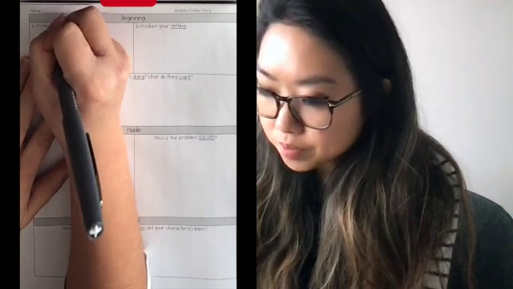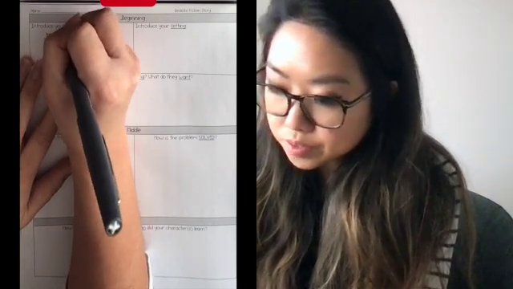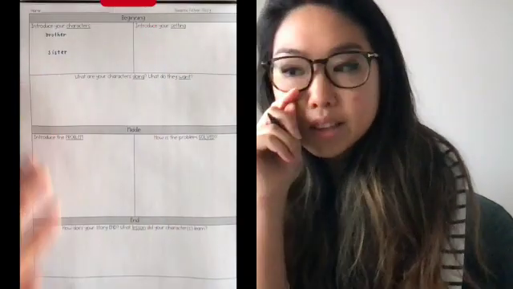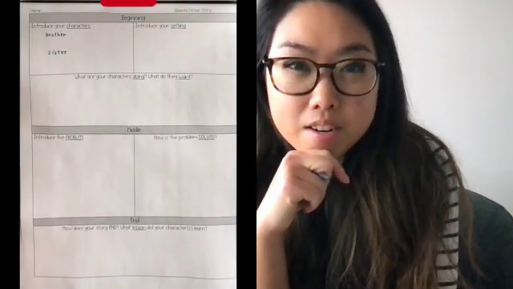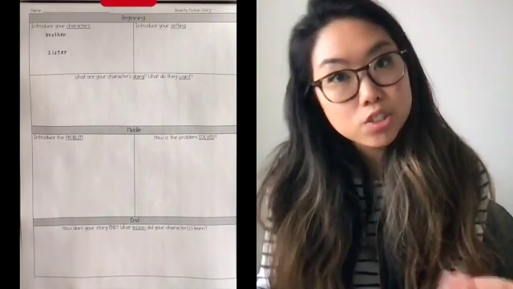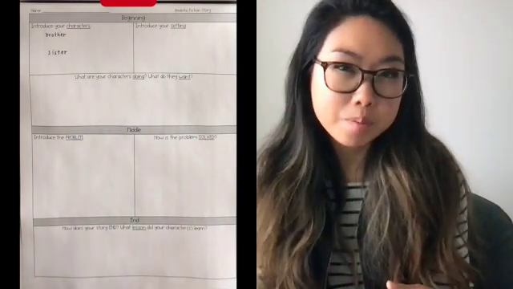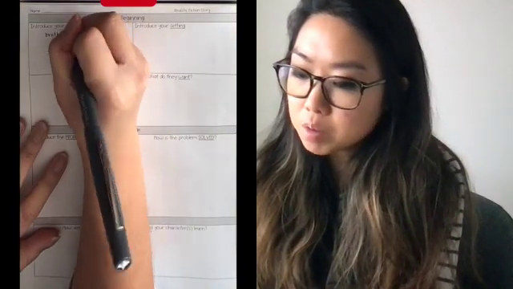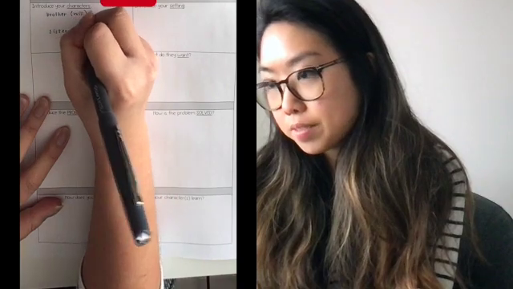So I can just write down brother and sister. And then I could name them if I already know what I want to name them. But if I'm not sure, I can hold off on that. Remember, this is a planning sheet, so we can add and change to it. I think I'm going to call the brother Will, and I'm going to call the sister Annie.